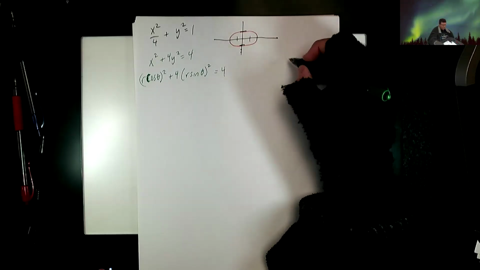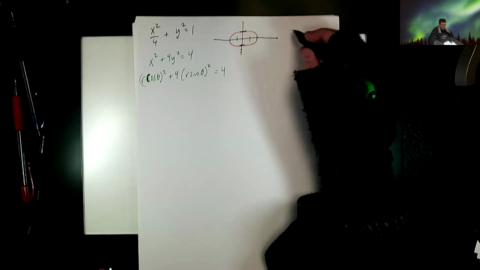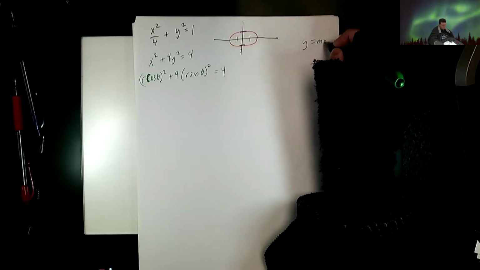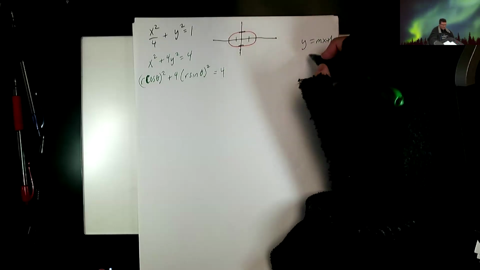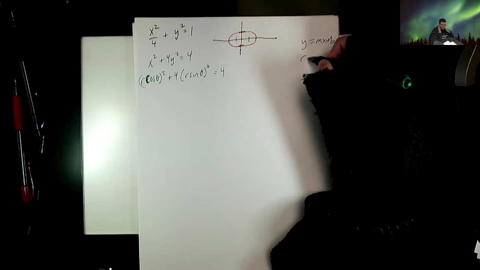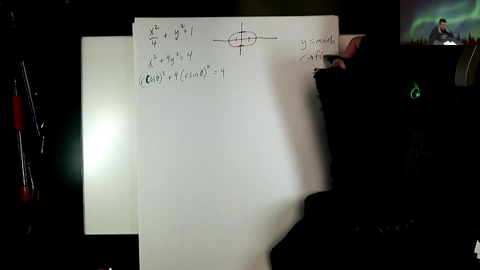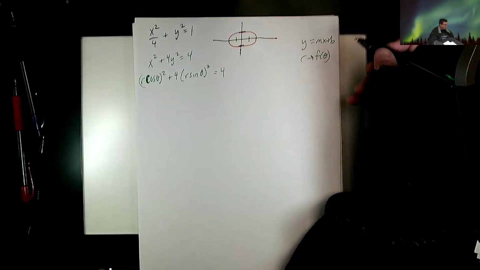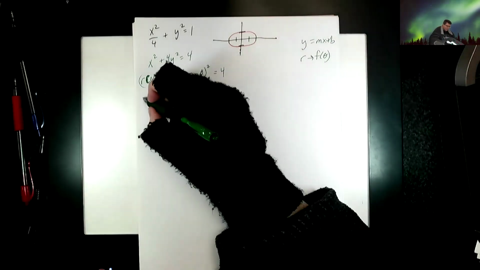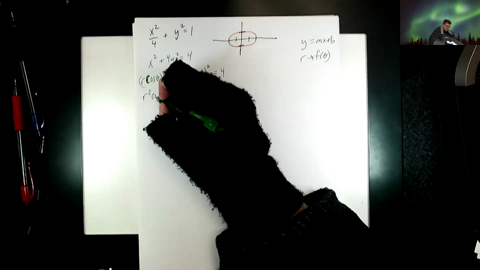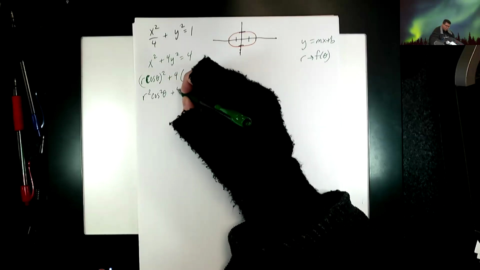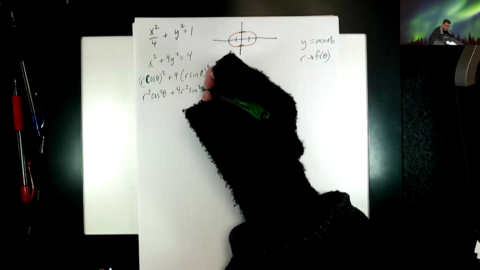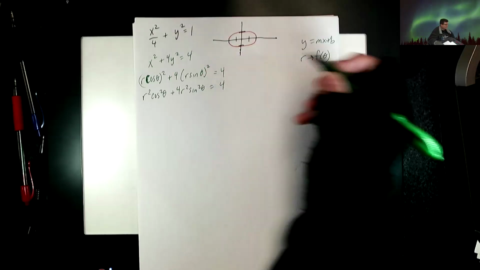And generally, normally for lines we do y equals mx plus b. We make y a function of x. We tend to do the same thing for r as a function of theta. So we isolate r. So if I distribute that square, I've got r squared cosine squared theta plus 4r squared sine squared theta equals 4.